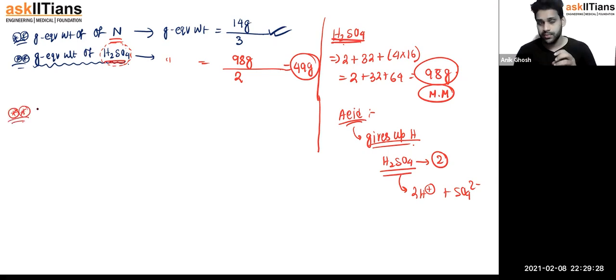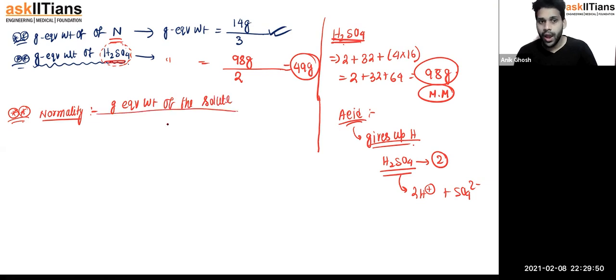Now, after learning this, let's go back to normality. Normality is the gram equivalent weight of the solute in 1 liter of solution.